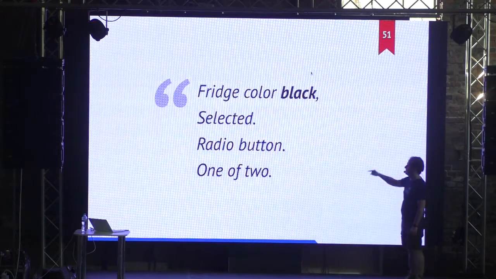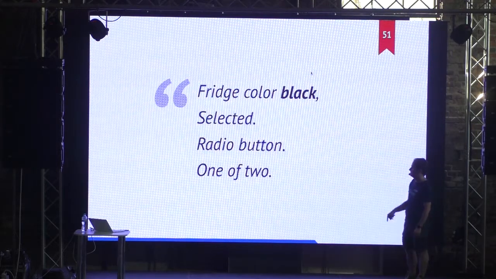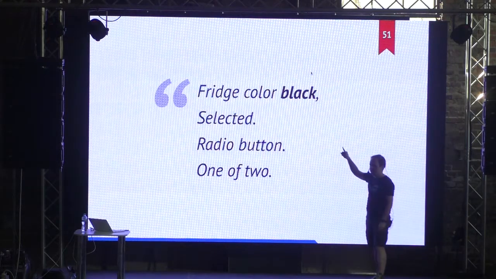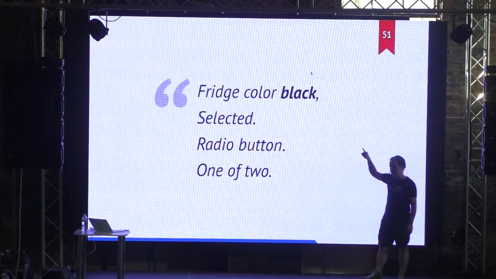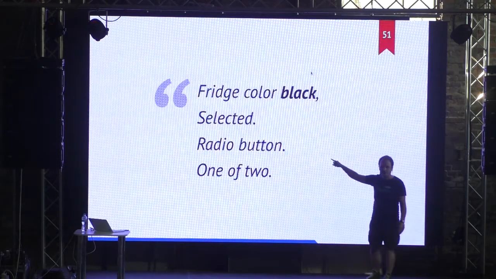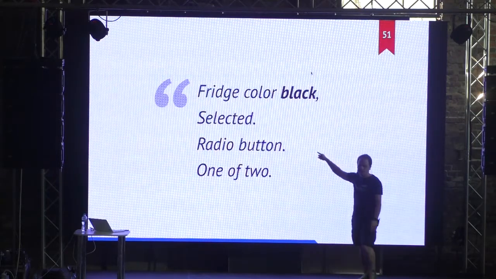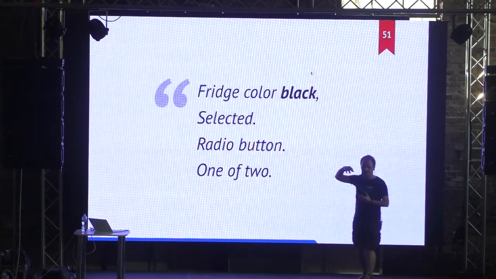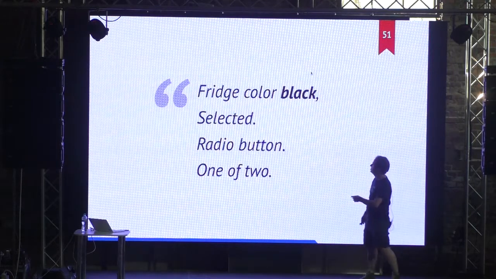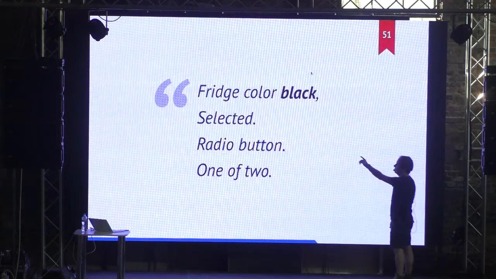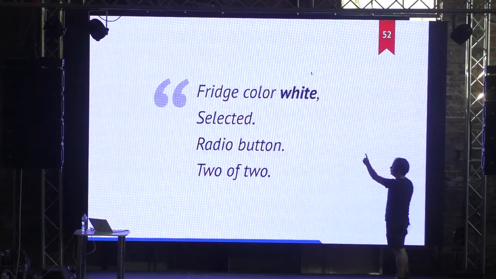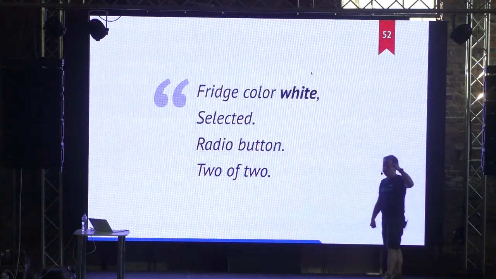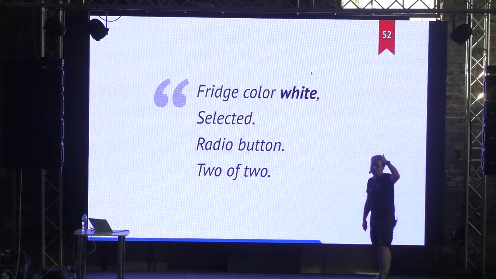Fridge color black, selected radio button 1 of 2. So it will attach legend contents to every single input inside of fieldset. So screen reader will read for the first radio button fridge color black, and then fridge color white. This thing is located just on the top of the fieldset.